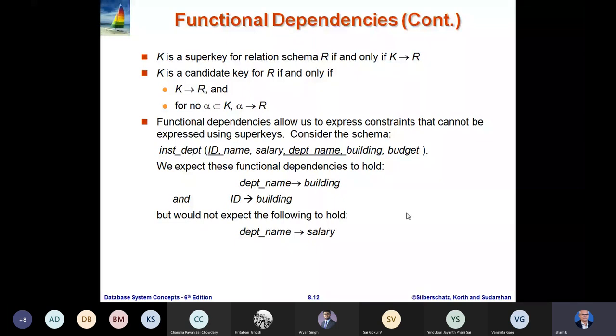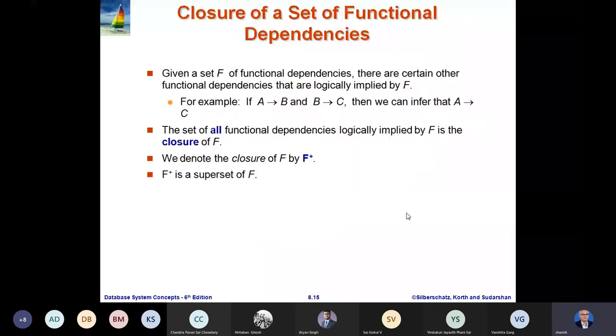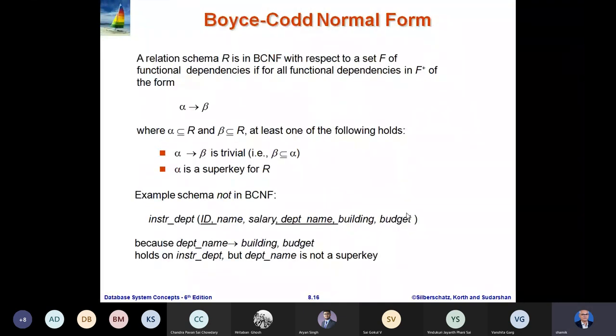That means the values for all the columns in R will get determined, or that R itself will get determined. That means this alpha functionally determines R, or R is functionally dependent on alpha. Then we call alpha a super key. So the definition of BCNF is that for all such functional dependencies alpha to beta in F plus.